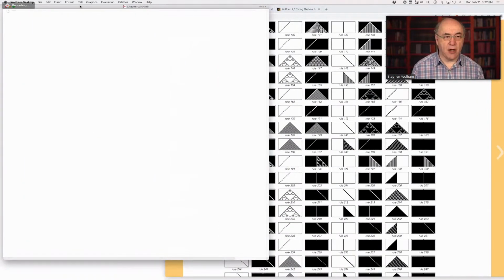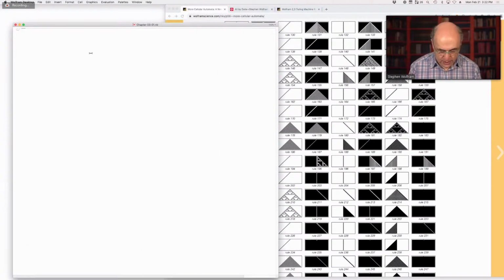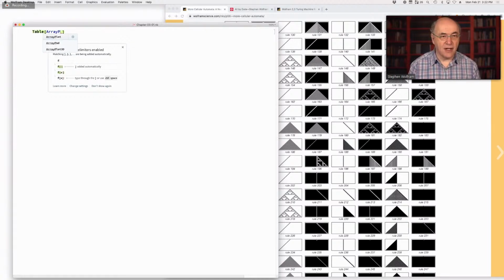So, for example, now if I just go to a Wolfram notebook here, I can just start saying, make a table of, and I seem to do this so many times when I give talks about different kinds of things, I'm making this picture.